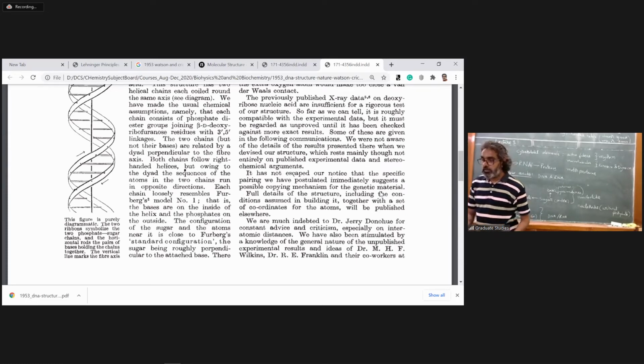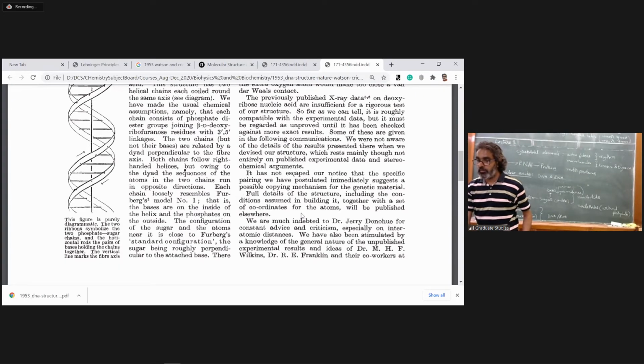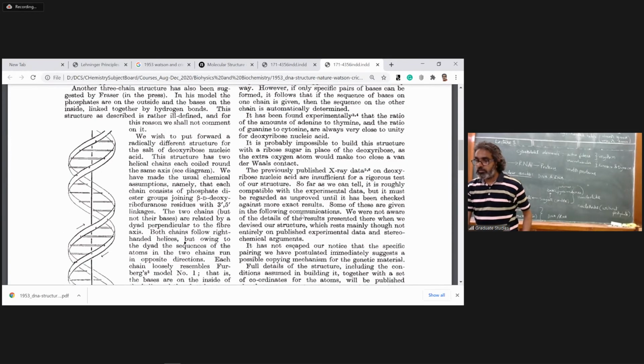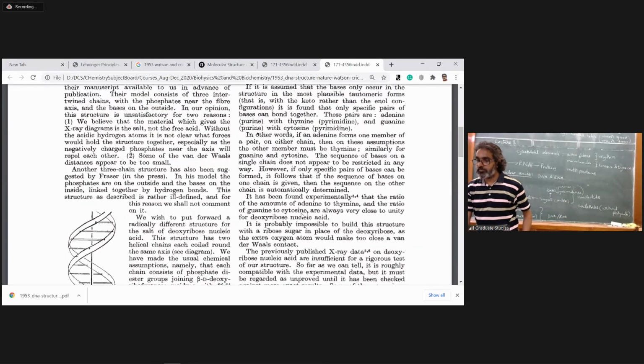"Full details of the structure, including the conditions assumed in building it, together with a set of coordinates for the atoms, will be published elsewhere." Nevertheless, this paper is cited widely, and not the paper where they have given the details. I think this is the most cited paper, I guess, in biology.